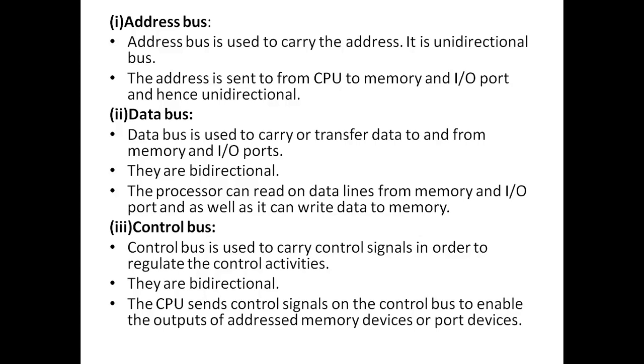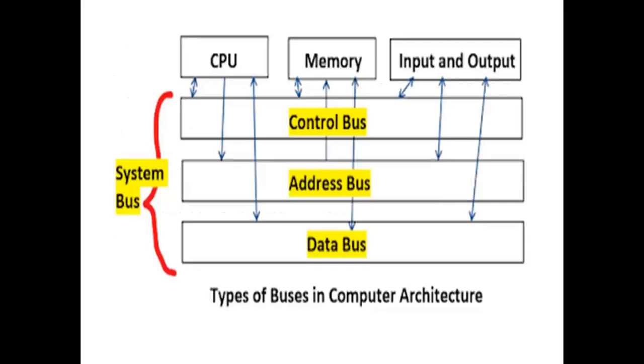A bus is a collection of wires that are connected with several peripheral devices. The main purpose of a bus is to transfer data from one device to another device. In a bus, we can also transfer control signals and data between the processor and other components.